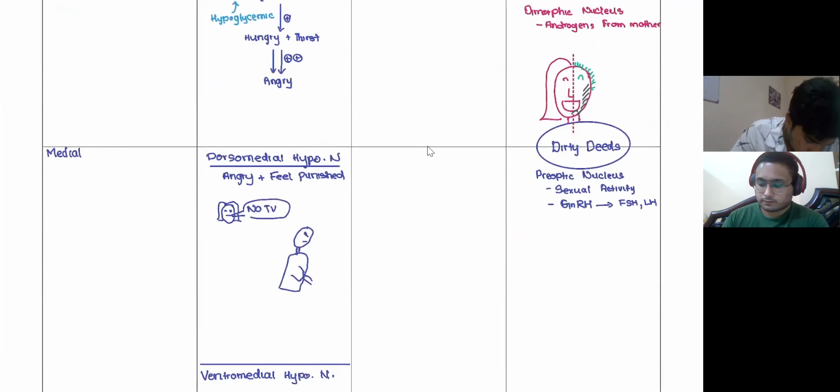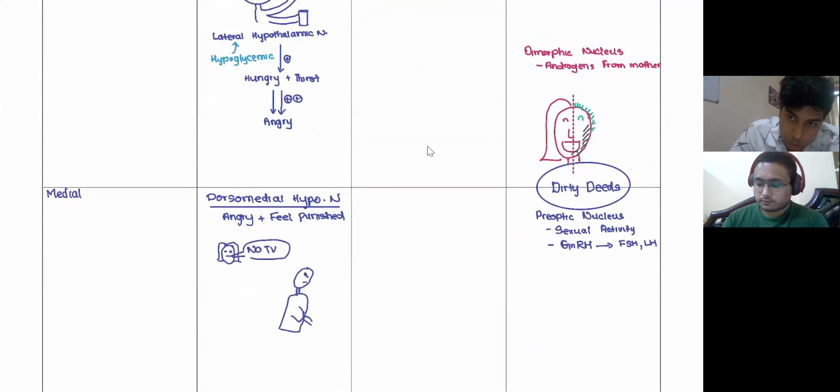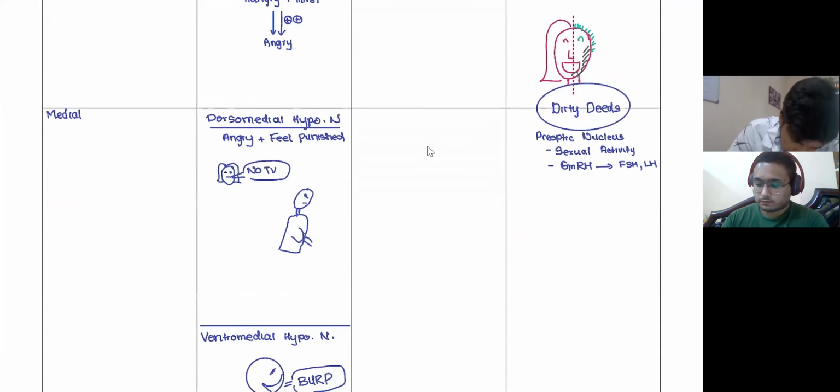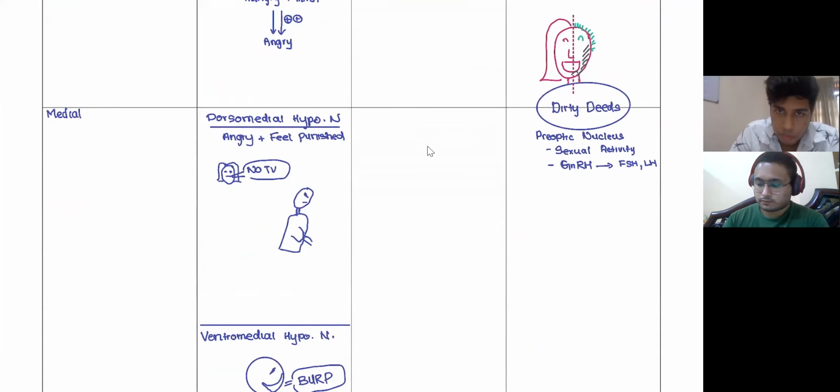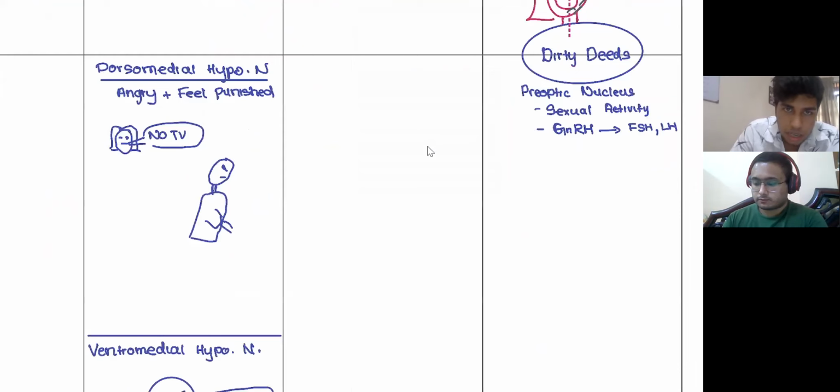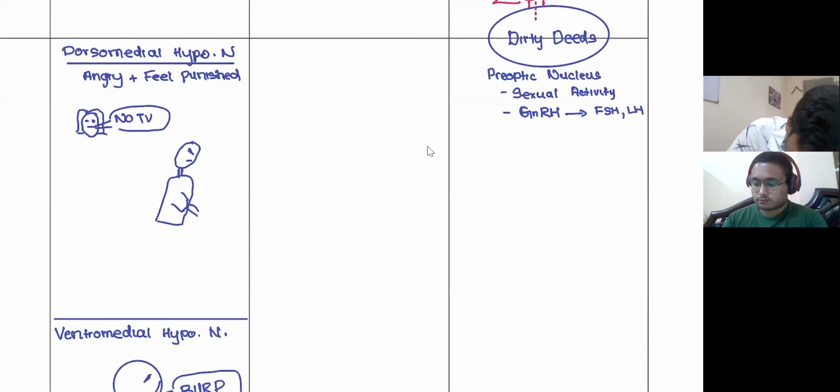Next, I'm going to come to the nuclei of the supraoptic region. Guys, this is important for both neurology and for endocrinology. There is one nucleus called the paraventricular nucleus.